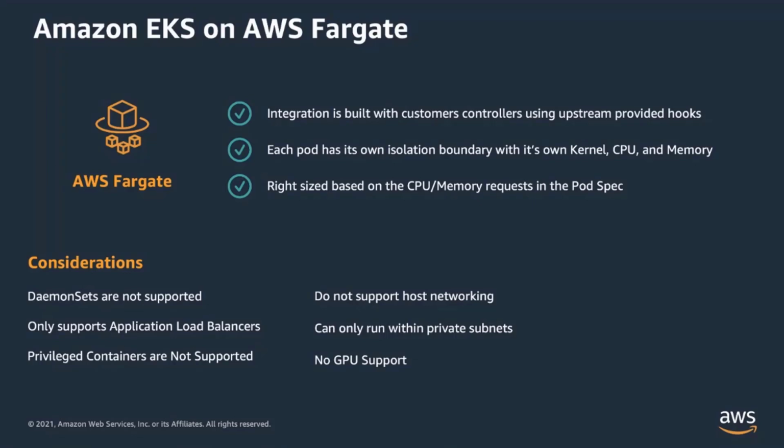So users who are using logging or monitoring tools that run as daemon sets will have to implement these as sidecars. Fargate does support fluent bit-based logging through a sidecar with a container. We also do not support the execution of containers as privileged containers. GPUs are not supported today, but this is something that we're working on enabling with Fargate.